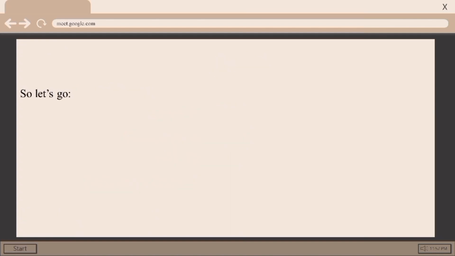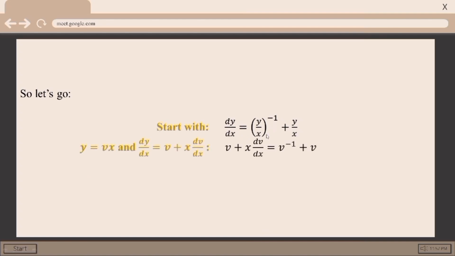So let's go. We will start with our answer earlier. dy over dx equals y over x raised to the power of negative 1 plus y over x. Our next step is to get y equals vx and dy over dx equals v plus x dv over dx.